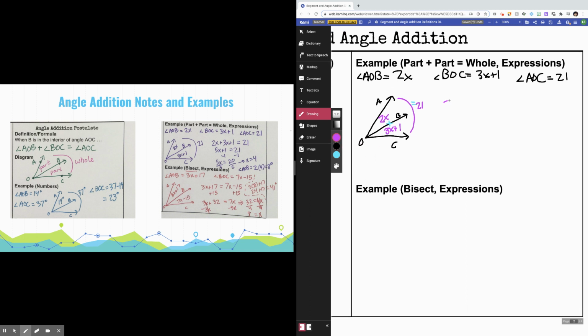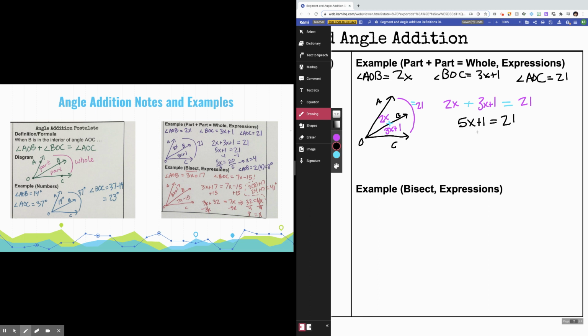I have my two parts, 2x and 3x plus 1, and then my whole, 21. I'm going to add my parts and set that equal to the whole thing. So I'm going to combine my like terms on the left-hand side. 2x plus 3x is 5x. So 5x plus 1 equals 21.